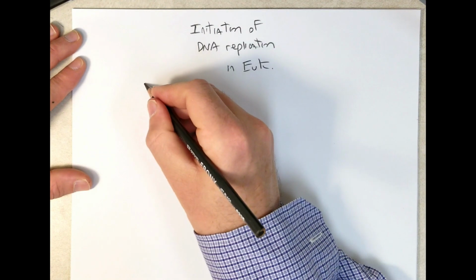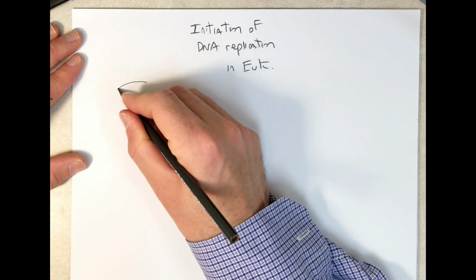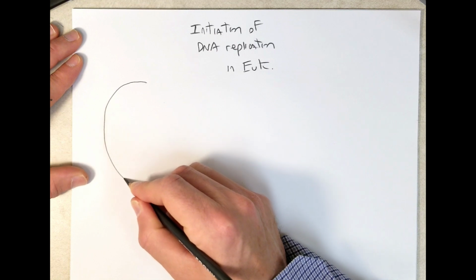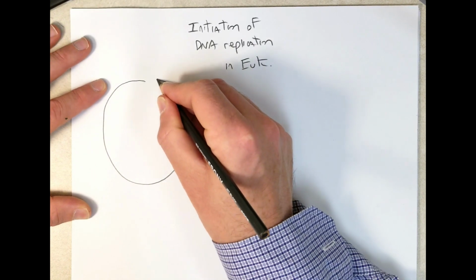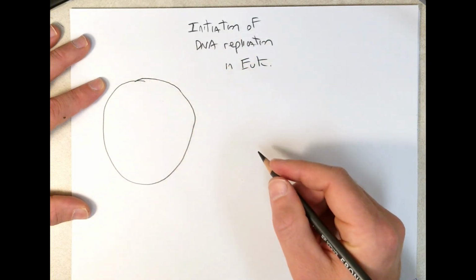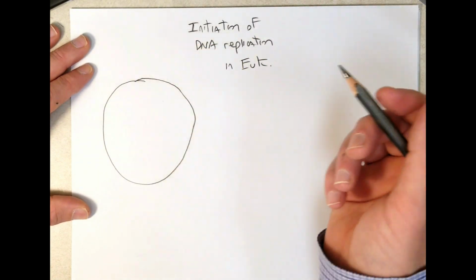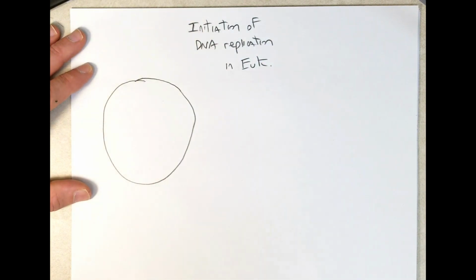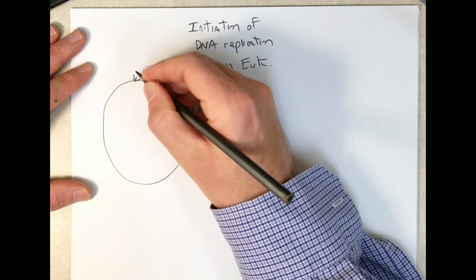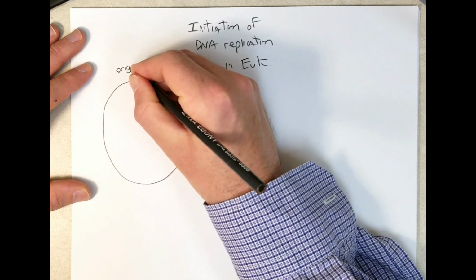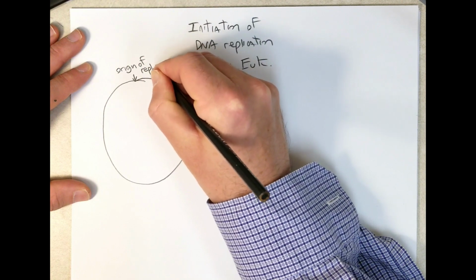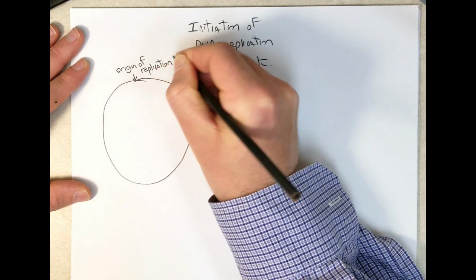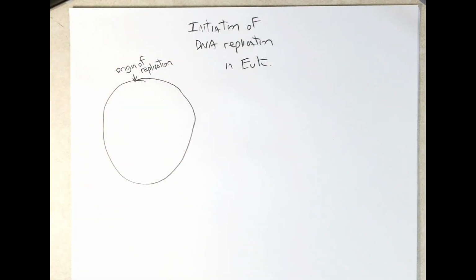Now, many of you probably remember from maybe genetics or BSc 197 that DNA replication in prokaryotes, prokaryotes typically have one circular chromosome, and DNA replication usually starts from a single origin of replication, like that.